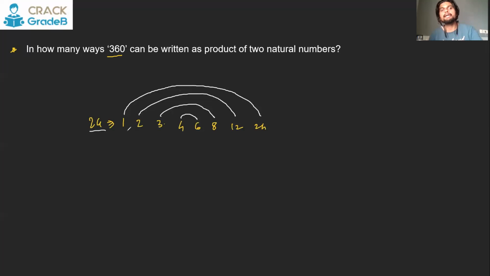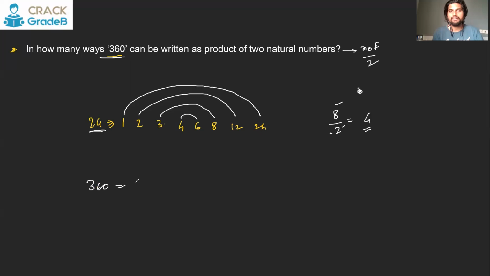So there are 4 ways. Because there are 8 factors and 2 factors make a pair to form the number, there will be a total of 4 ways. That means the number of factors divided by 2. So all we have to do is find the number of factors of 360 and divide it by 2.